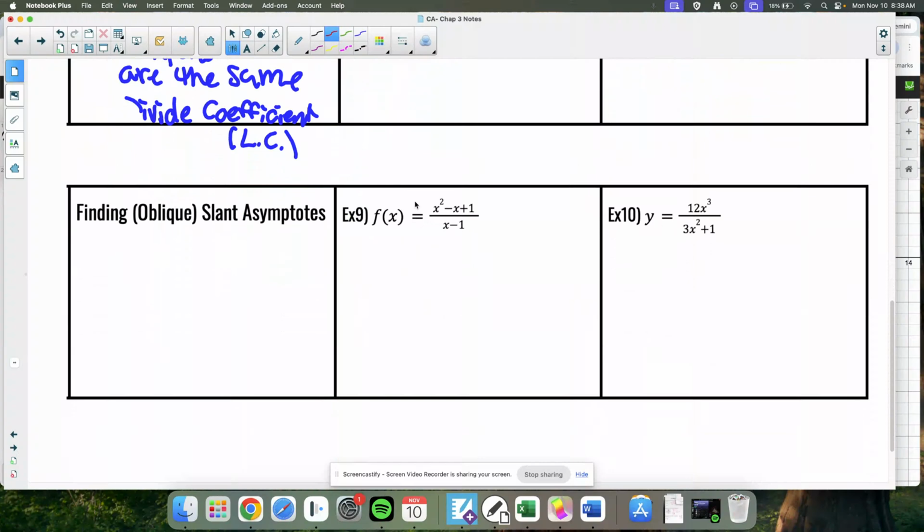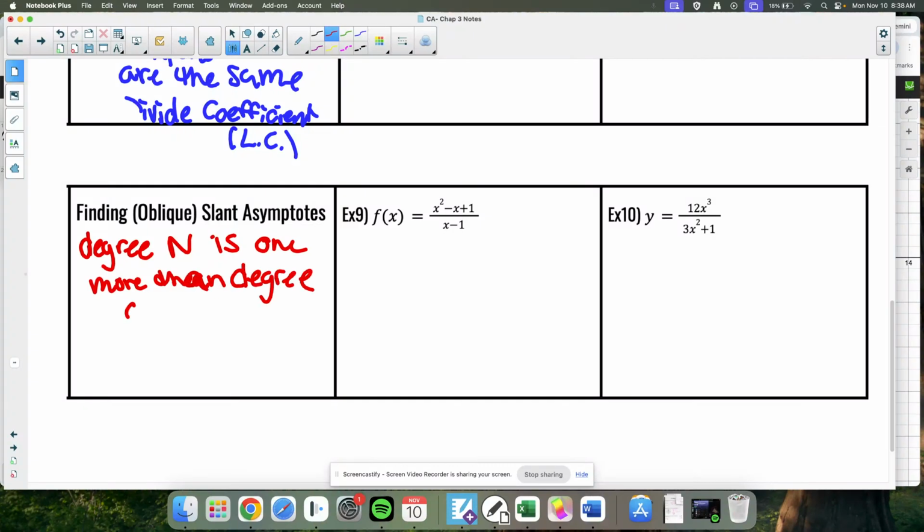This only happens when the degree of the numerator is one more than the degree of the denominator.